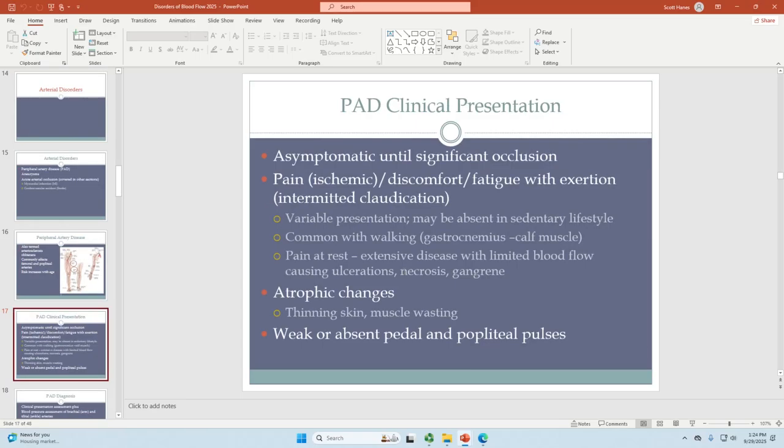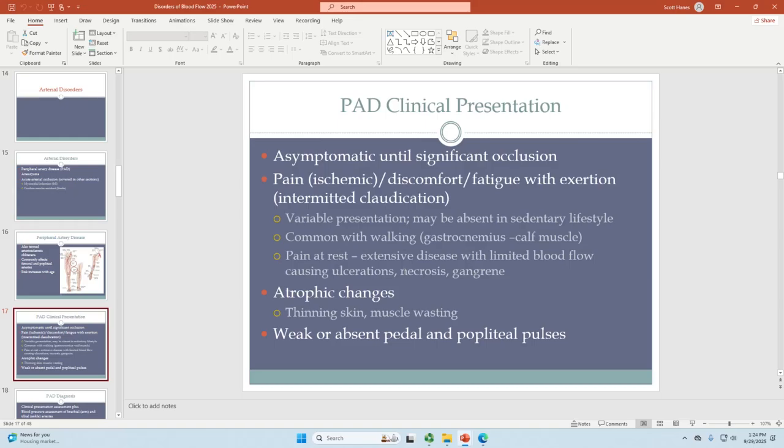So peripheral arterial disease can be asymptomatic. In most cases, anytime you have a plaque lesion, typically you're asymptomatic until at least 50% of the blood vessel is occluded by that plaque. Okay? So typically you wouldn't even know you had plaques present until you have at least 50%.